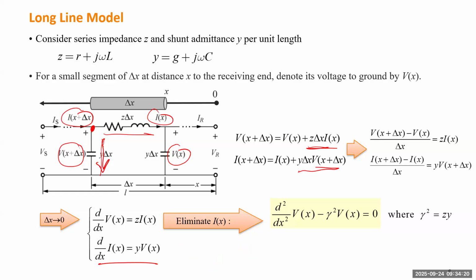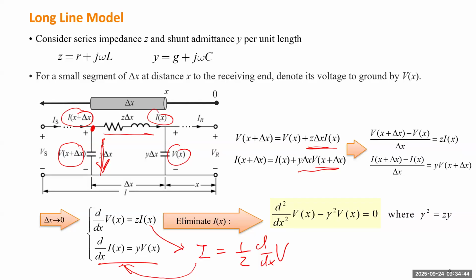So we first solve for current, then plug into the other equation. From the first equation, we can know I is equal to 1 over Z multiplied by dV by dS. Then we plug I into the second equation. We'll be able to eliminate I.